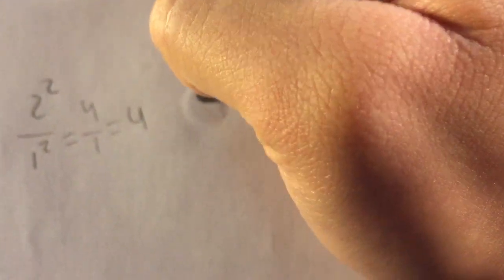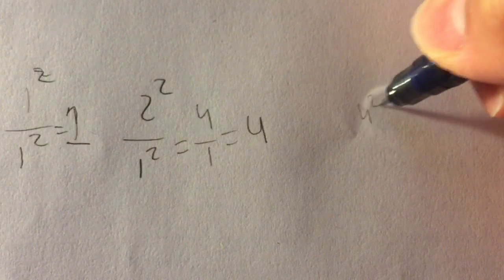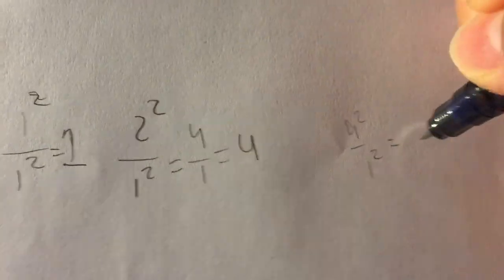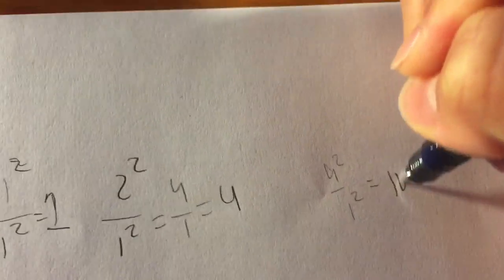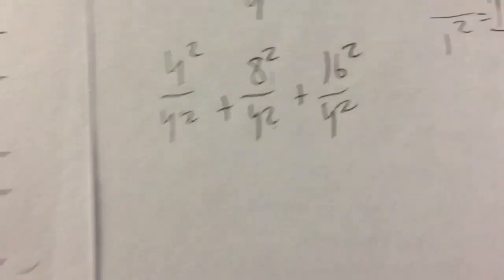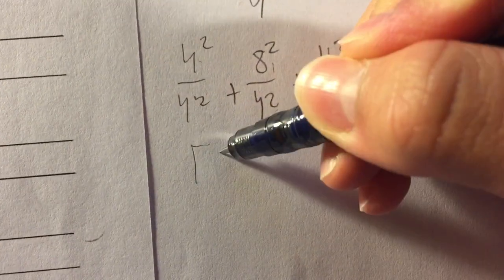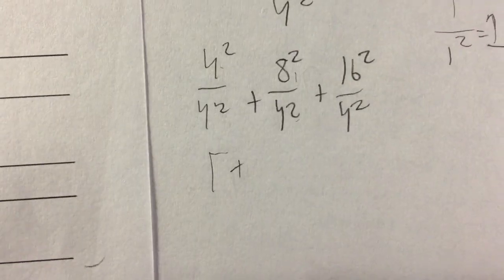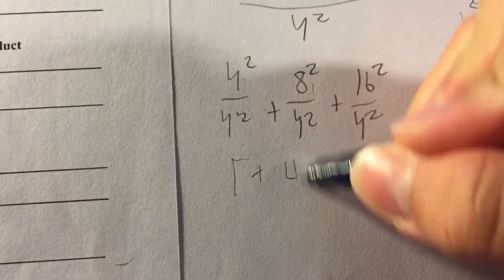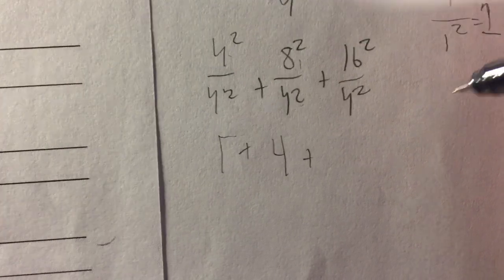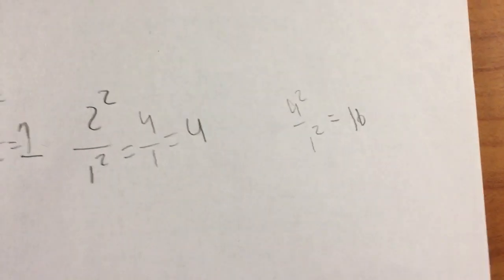And then you do 4 times 1, so 4 squared over 1 squared equals 16 over 1, which is just 16. And that's the same thing here, because that's obviously 1. Then plus 64 over 16, that's 4. Then 256 divided by 16, that's 16. And yeah, same thing here.